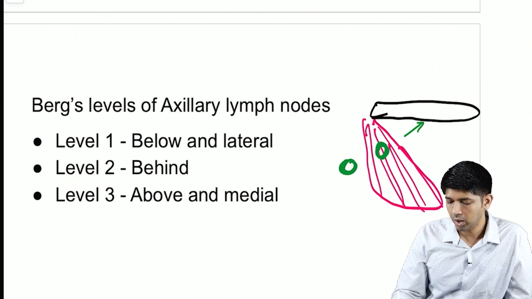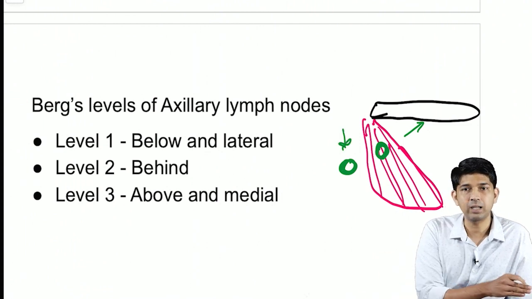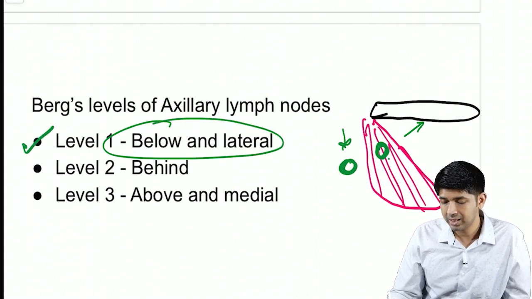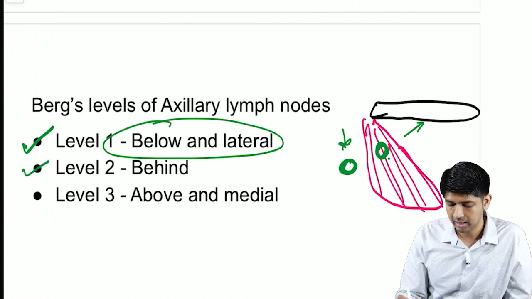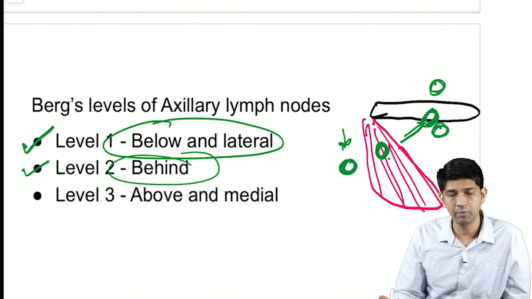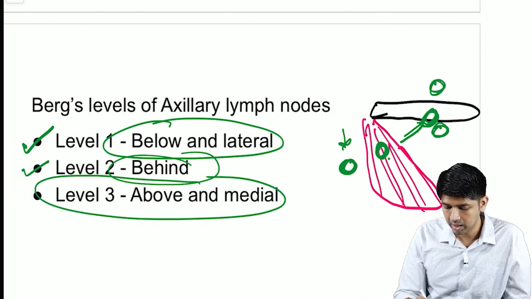Alright. So whatever is below and lateral to the pectoralis minor is level 1. Whatever is behind the pectoralis minor is level 2. And whatever is above and medial, it can either be supraclavicular or infraclavicular, this is level 3.